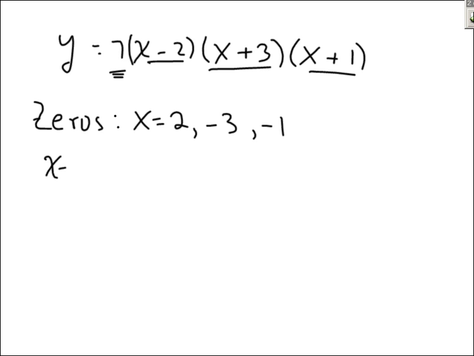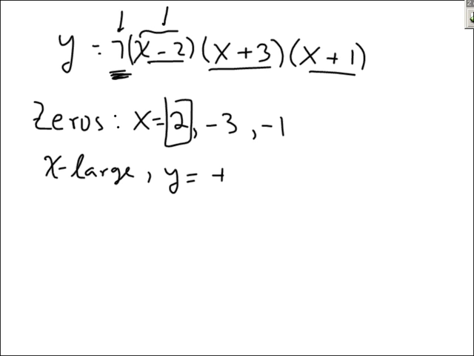We need to decide what happens when x is large. Large means bigger than the biggest zero, bigger than 2. If x is bigger than 2, what is y, positive or negative? Well, 7 is positive.